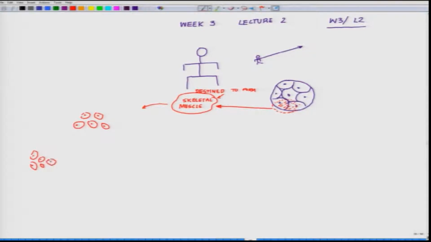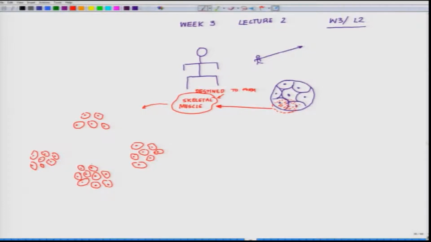This is the first level of differentiation which happens. They are moving to different zones. For simplicity's sake, I am putting 4 different locations, and all the bones which are there, they must have moved.